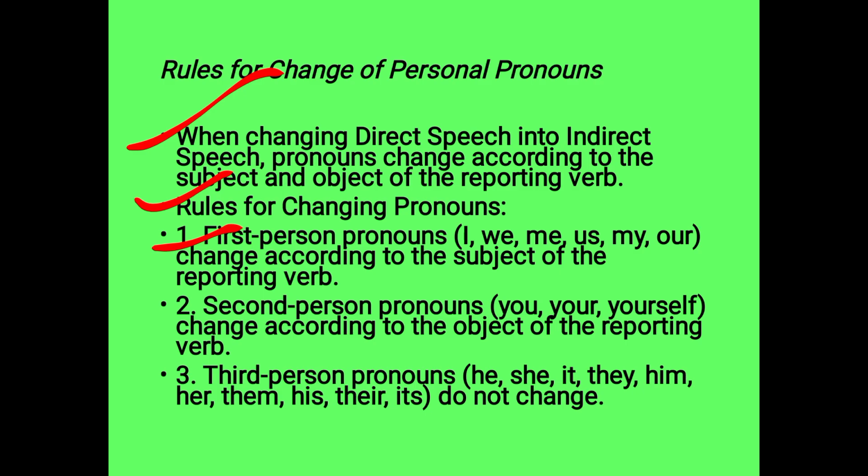Second person pronouns such as you, your, yourself change according to the object of the reporting verb. Third person pronouns such as she, it, they, him, her, his, their, its do not change. They always remain unchanged.